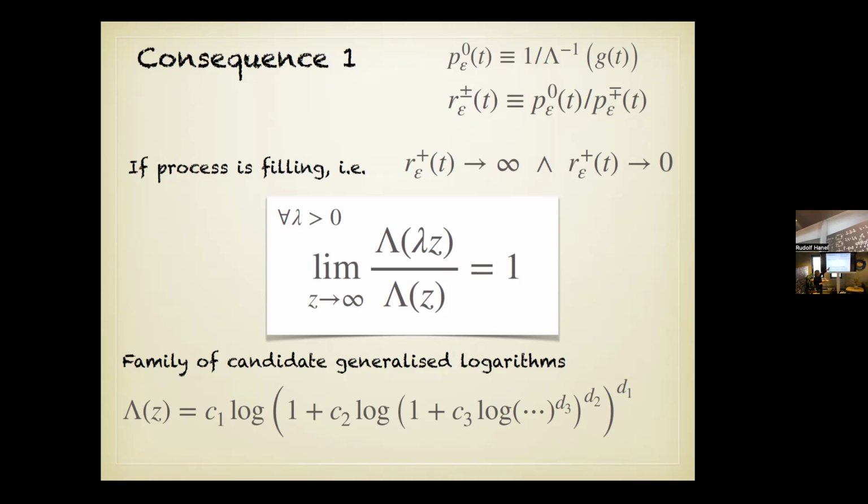And then we take the ratio to the upper and the lower limit, and the ratio to the upper limit goes to infinity, and there should be a minus here, and the ratio of the lower limit goes to 0.